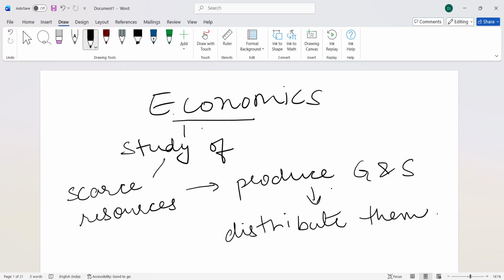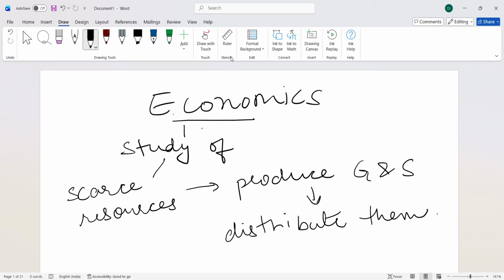So basically, economics is a study of how society manages its scarce resources most optimally to produce goods and services and to distribute them among its people. That's what economics is all about.